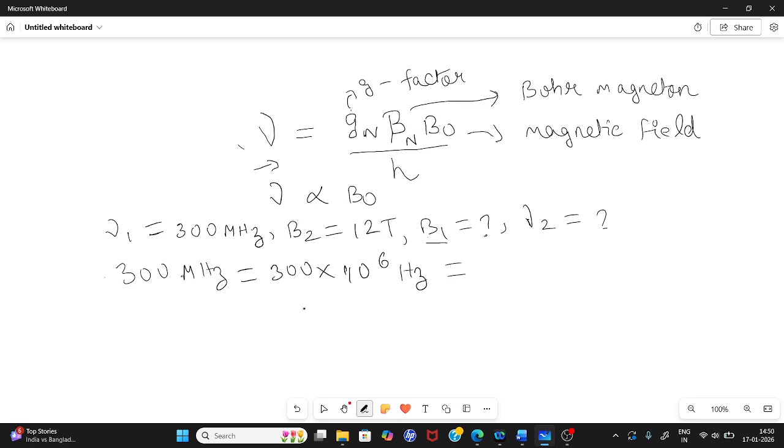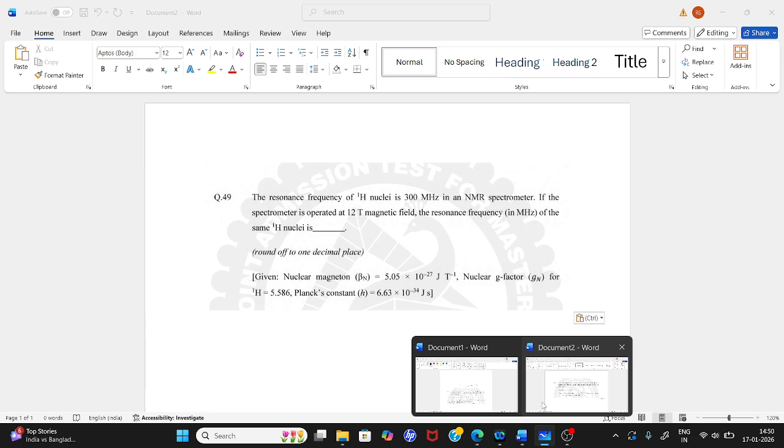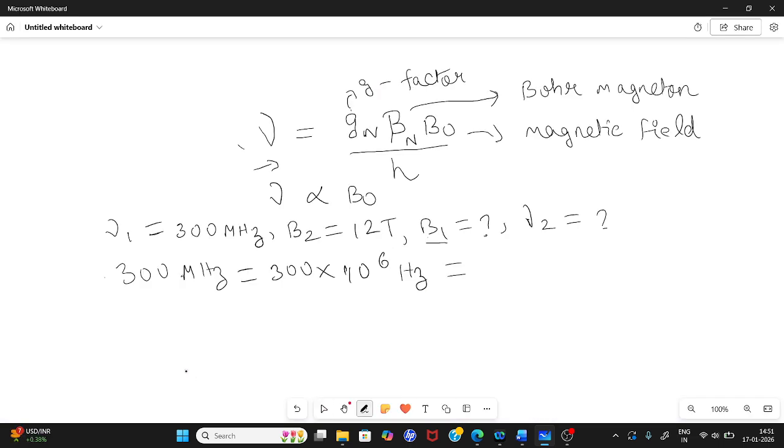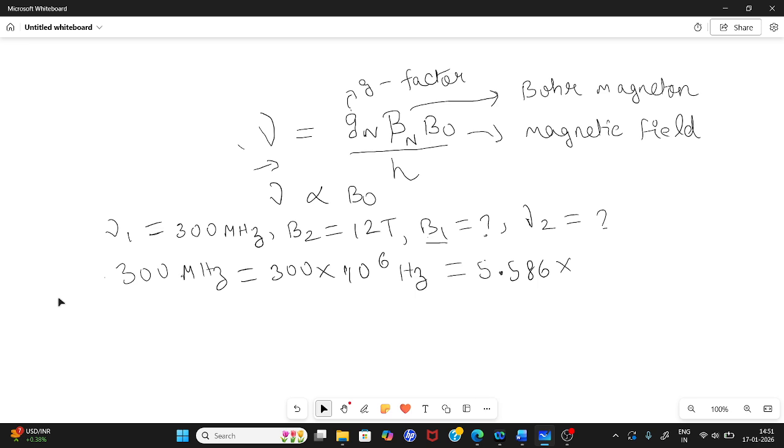Okay, then you put the value of Gn, that is your G factor, which in our case is 5.586. You write it down, 5.586, multiply it by the beta n, that is the nuclear magneton, which is basically 5.05 into 10 to the power minus 27.